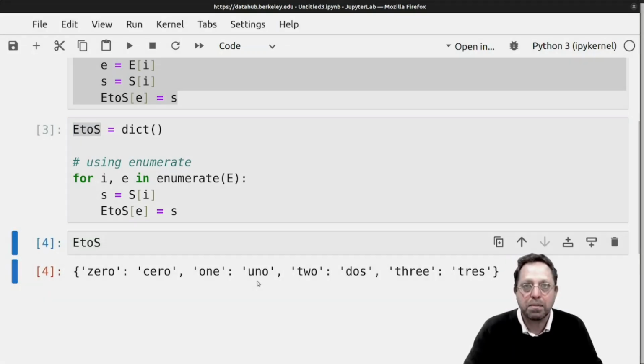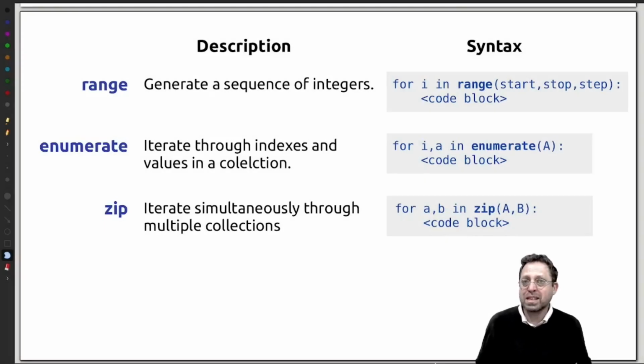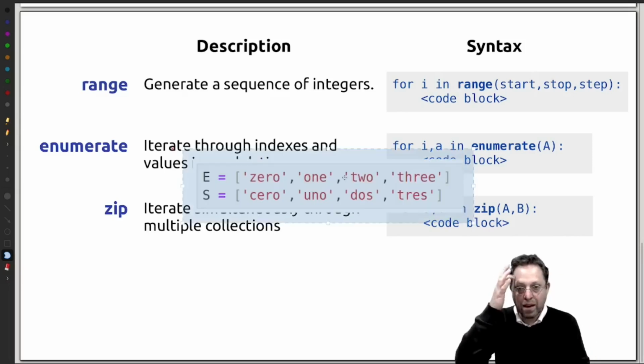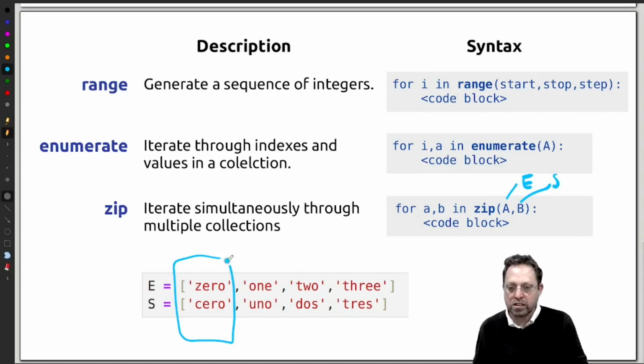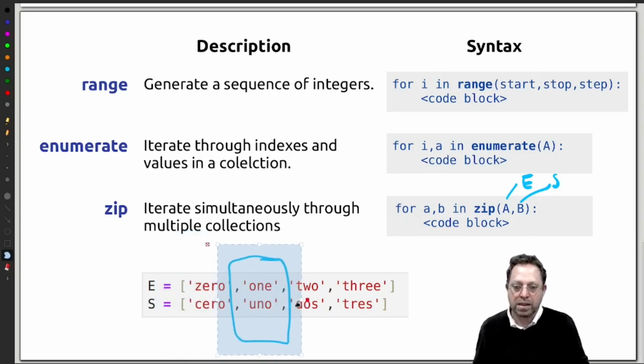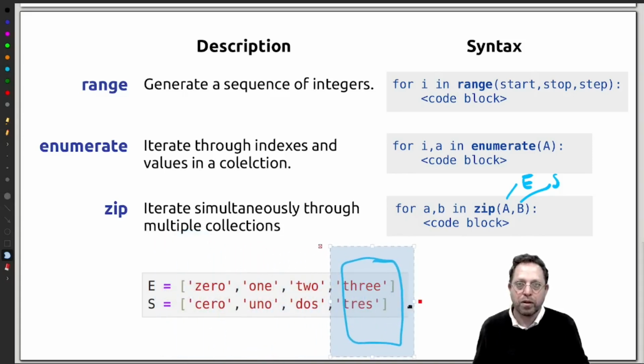Okay, next is zip. You can use zip to, quote-unquote, zip together multiple sequences that are of the same length. So in our example, we have two lists of the same length. And when we pass them into zip, so pass E and S into zip, it's going to generate tuples starting with the first two elements, 0 and 0, and then going on to the second and the third and so forth.